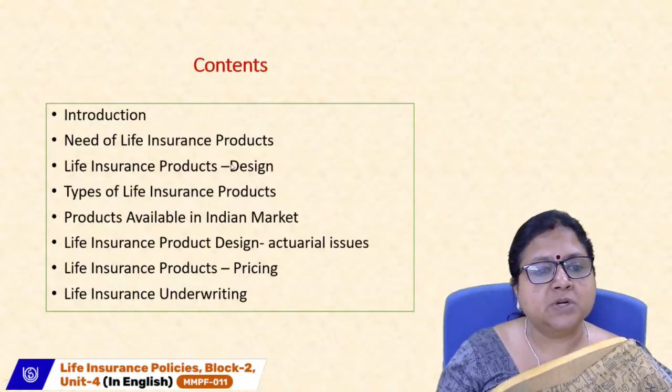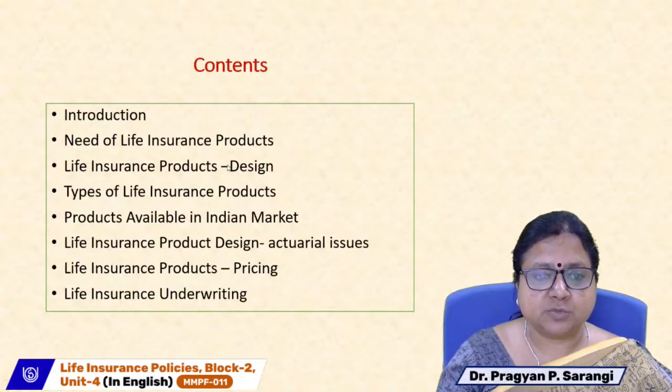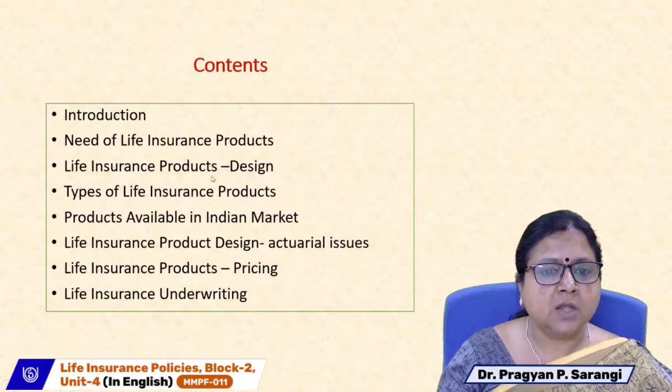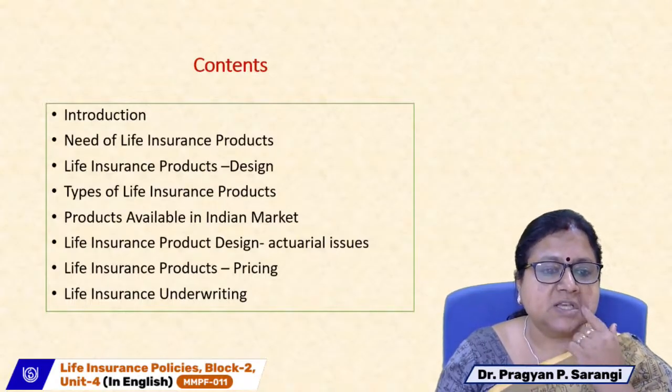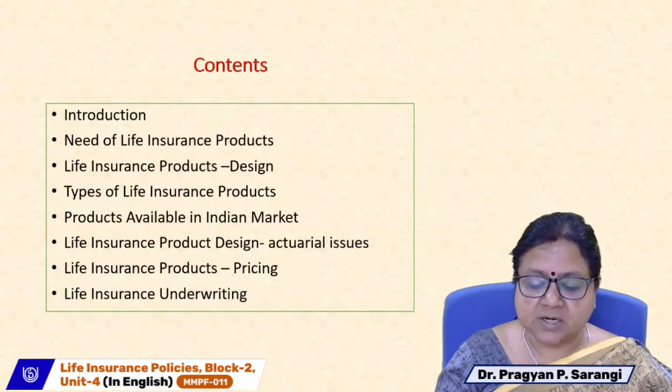We will also peep into the types of life insurance products. We will see a few life insurance products which are available in the Indian market, and the life insurance product design with actuarial issues, how life insurance products are priced, and finally we will understand the procedure of life insurance underwriting.